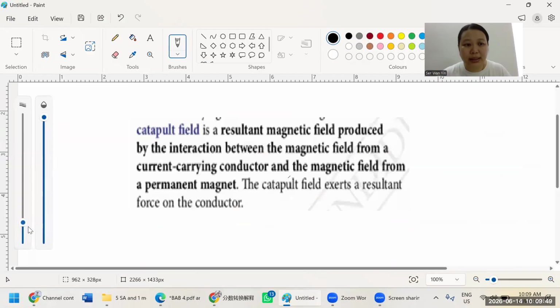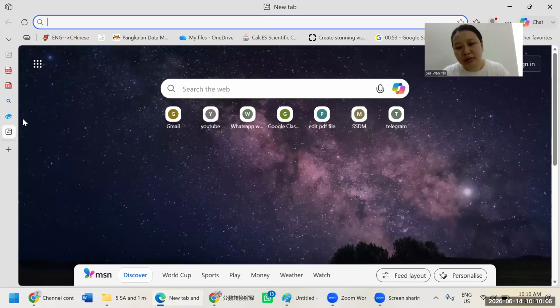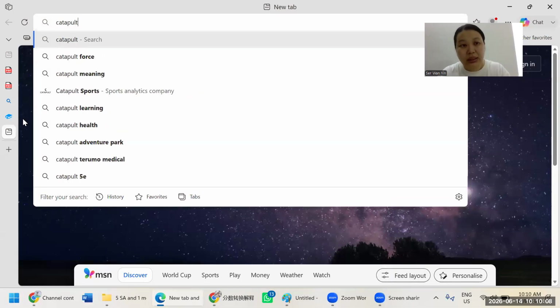First of all, what is catapult? Catapult actually means a force. Catapult means a force. I think all of you know what is catapult. Not all of you. Catapult.